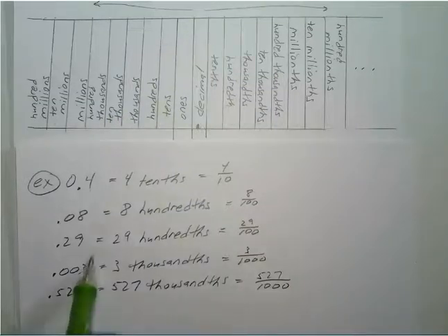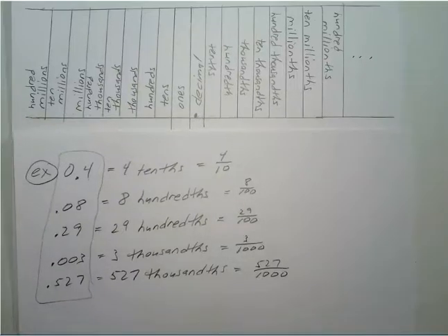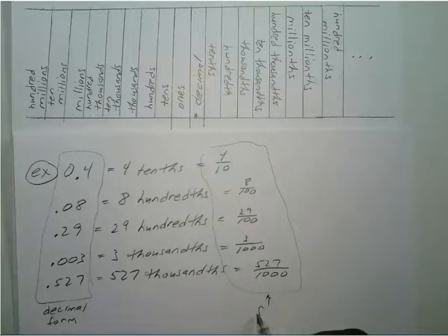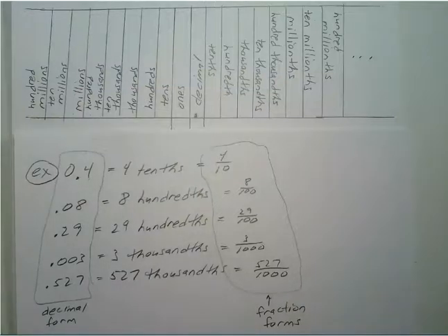All of the values on the far left are your decimal forms. All of the values on the right are your fraction forms. So that's how you use your place values for decimals.